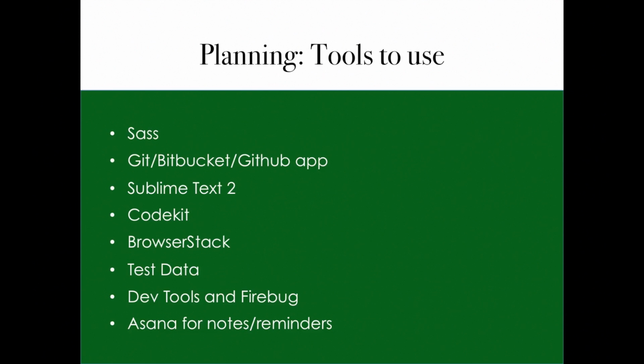And I use CodeKit for compiling SASS as well as reloading the browser windows just to save time. I use BrowserStack for testing different browsers and devices. I use test data, saves me putting it all in myself, and tools like the developer toolbar on the browsers and Firebug. I don't know where I'd be without those tools.